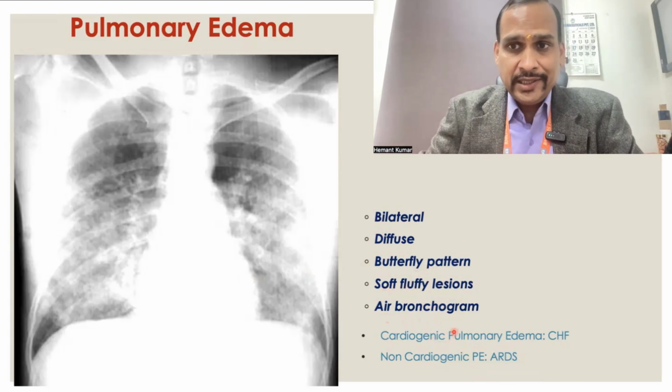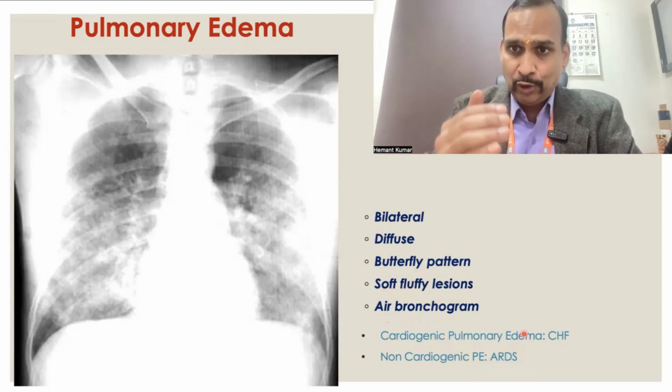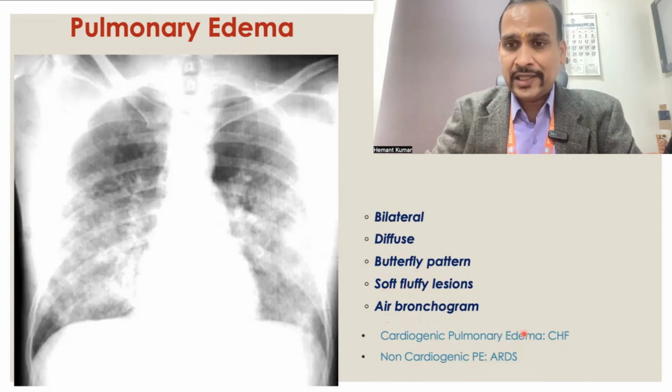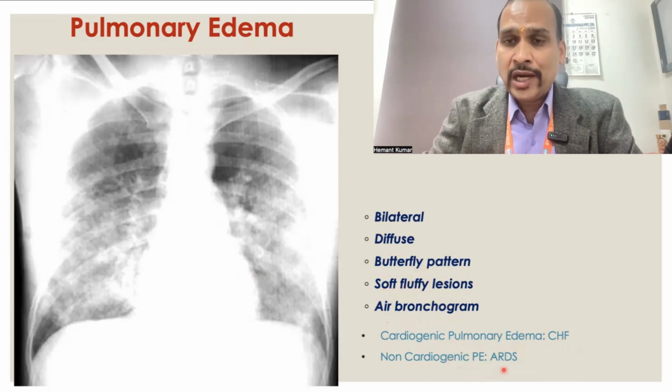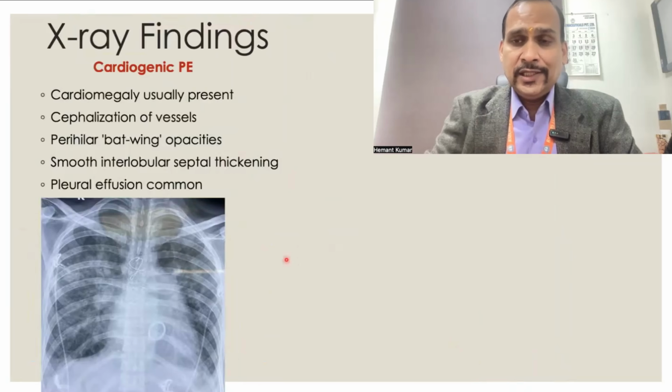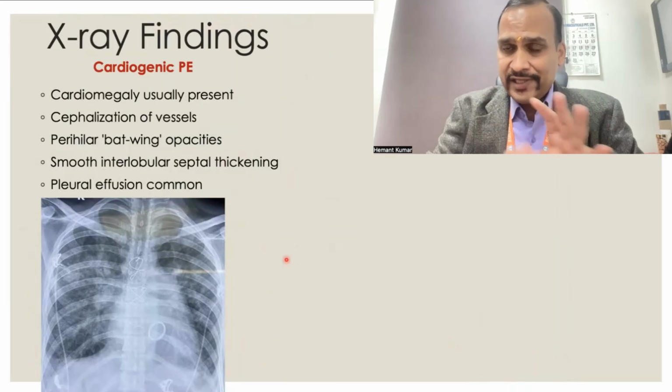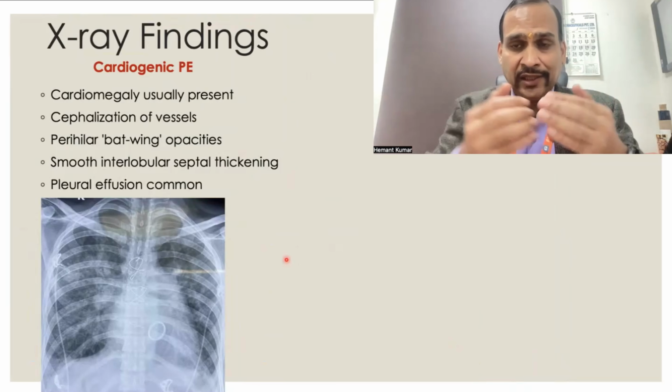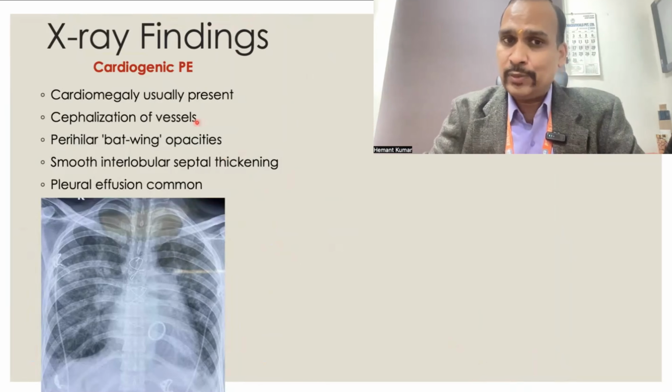So pulmonary edema, etiology wise, two types: cardiogenic, where the problem is cardiac, like congestive heart failure, and non-cardiogenic, like infection, ARDS. So these are the classification of pulmonary edema. If we try to differentiate between these two, there are certain features in cardiogenic pulmonary edema, like cardiomegaly usually present.